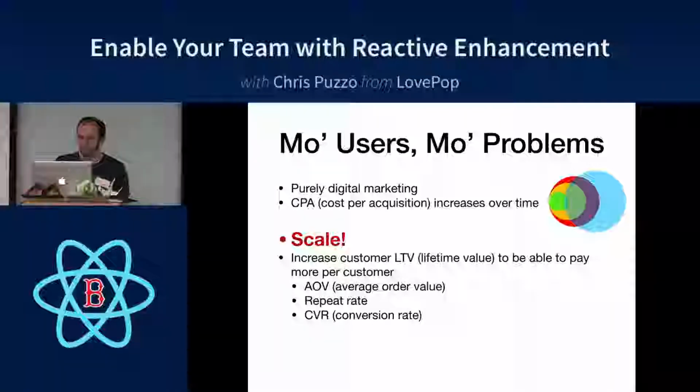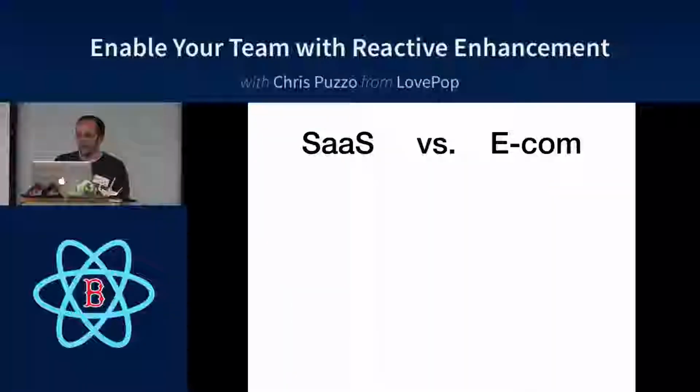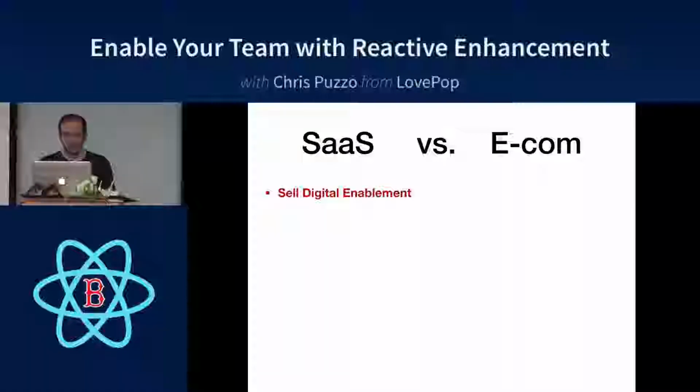So when we looked at how do we scale this from a technical perspective, we took a step back to say, well, what is different about a consumer and e-com business than a traditional SaaS model, which is where a lot of people, especially in the Boston space, come from. So in the SaaS model, we're really talking about selling digital enablement, right?